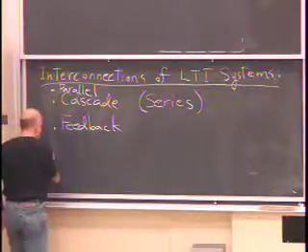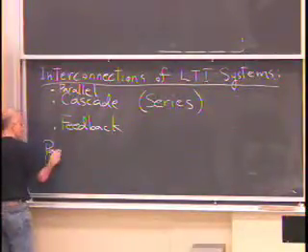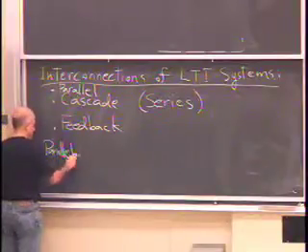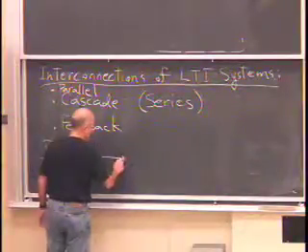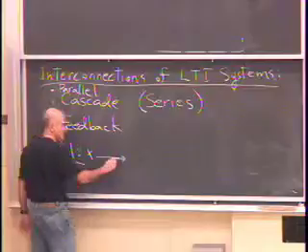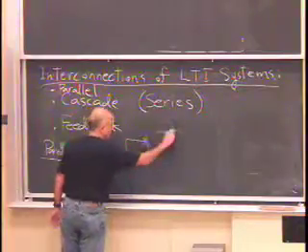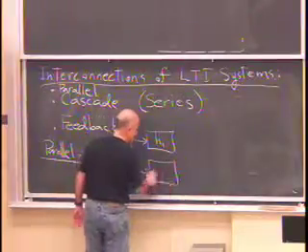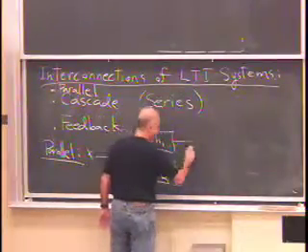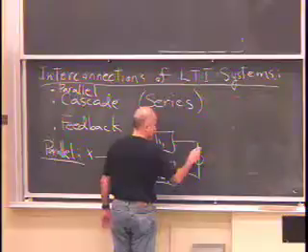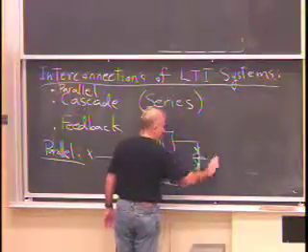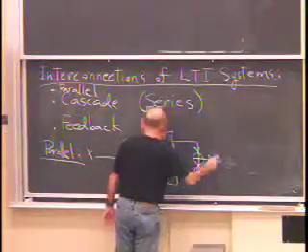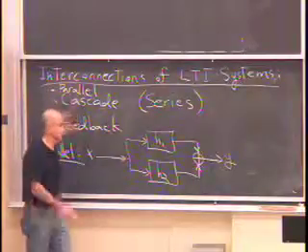So what do I mean by a parallel interconnection of LTI systems? A parallel interconnection is when you have an input signal that goes into two systems, H1 and H2, in parallel, and the outputs of those systems get added to produce Y. These are, of course, both LTI.